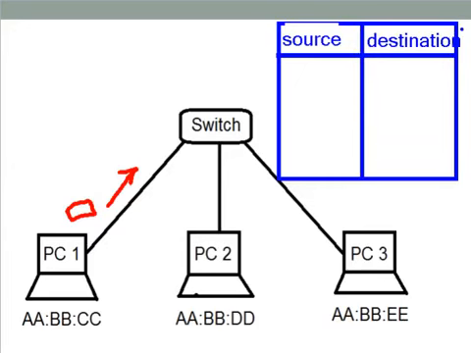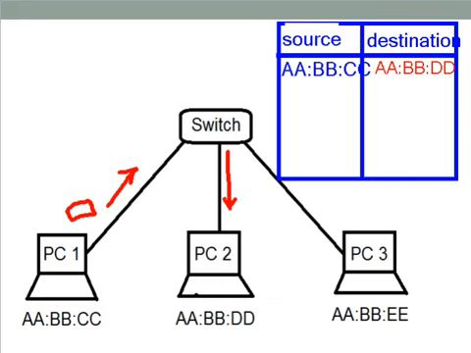Let's say in this case, the source is the AA:BB:CC hardware address, and the destination hardware address is AA:BB:DD. Where does the switch get all this information from? This is taken from the frame header itself.